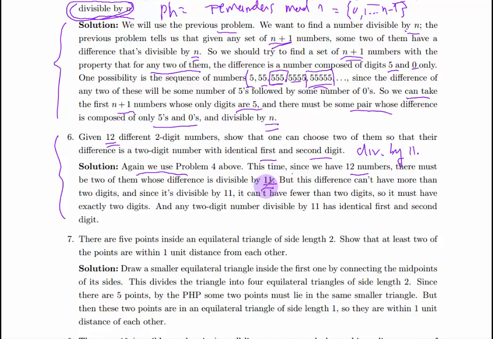There must be two whose difference is divisible by 11. The difference can't have more than two digits. If it's divisible by 11 and it has no more than two digits, then it must have the same first and second digit. It's not possible to have a three-digit number that's the difference of two-digit numbers.